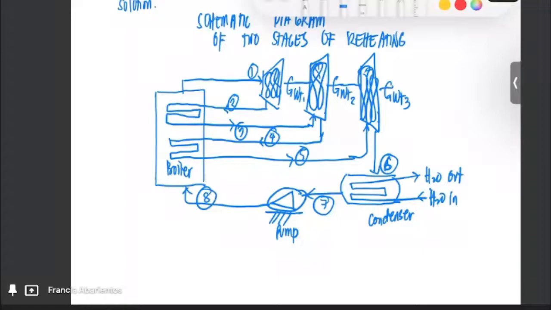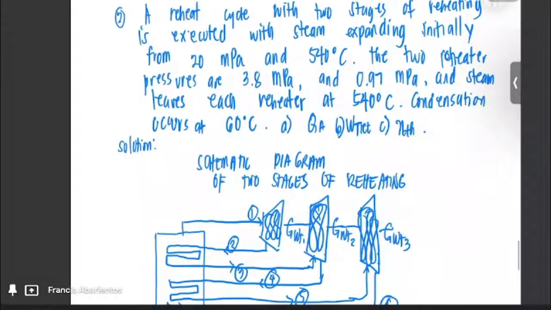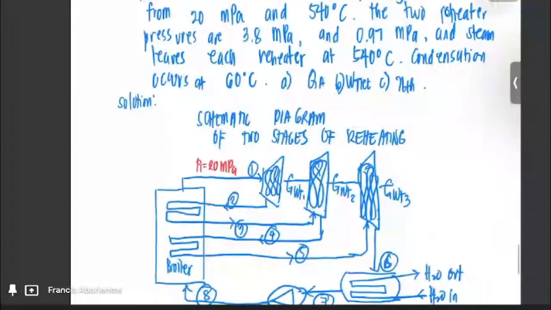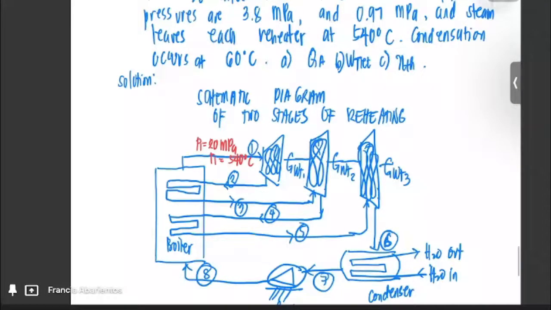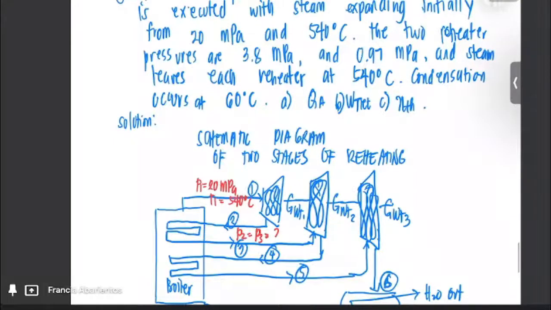Ano yung mga given parameters? The reheat 2 stages with the steam expanding initially. So, pressure 1 is 20 megapascal, and the temperature at point 1 is 540. Reheat pressures are 3.8. So, pressure 2 is equal to pressure 3, which is equal to 3.8 MPa.